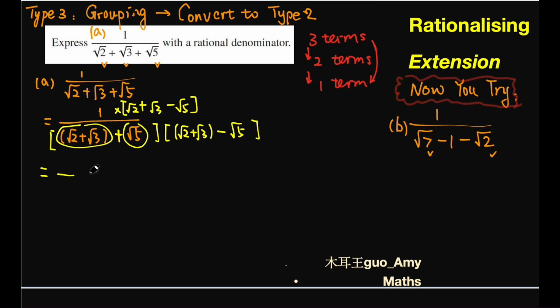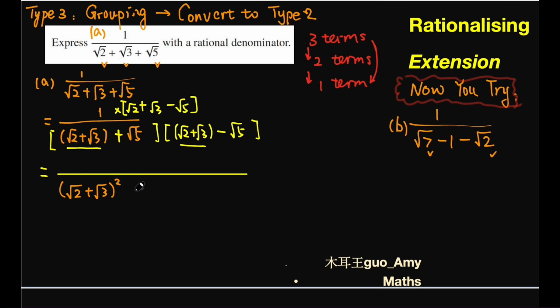So then we are going to simplify the denominator. We use the difference of squares formula. It will be simplified to root 2 plus root 3, the whole thing squared, and then minus root 5 squared. And the numerator will be root 2 plus root 3 minus root 5.